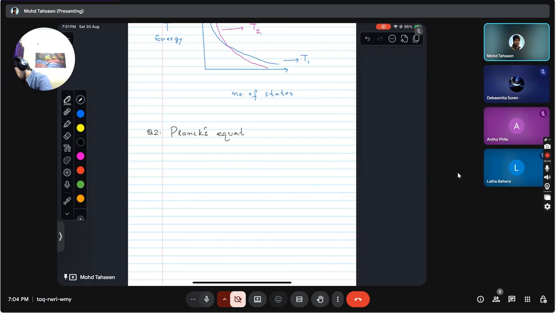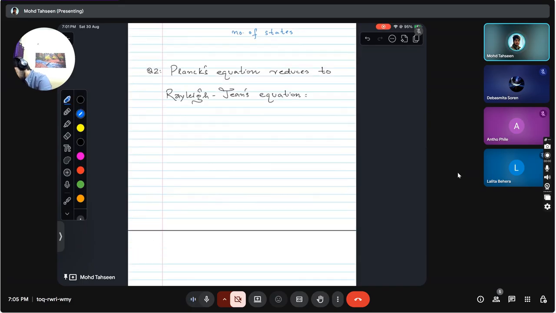Planck's equation reduces to the Rayleigh-Jeans equation, and the options are: A, at high frequencies; B, at all frequencies; C, at high wavelengths; and option D, it's at room temperature.